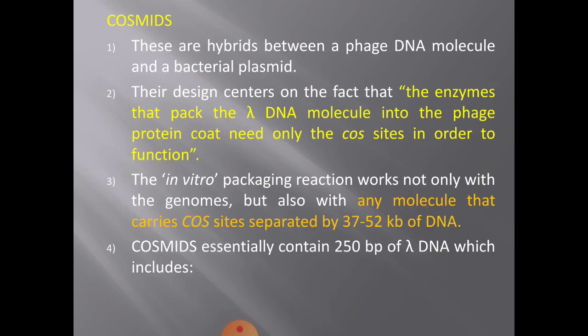So it is a hybrid of a plasmid and a phage vector, hence the name cosmids. The design centers on the fact that packaging of a lambda DNA molecule into the phage protein coat needs only the cos sites, meaning cohesive termini, in order to function.